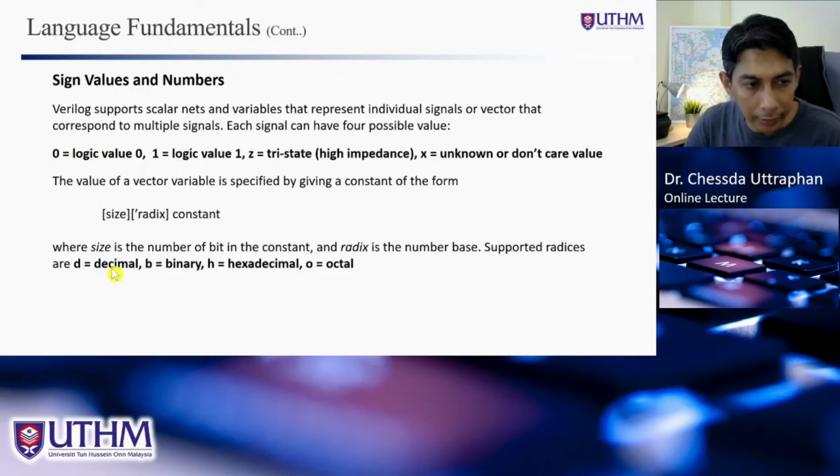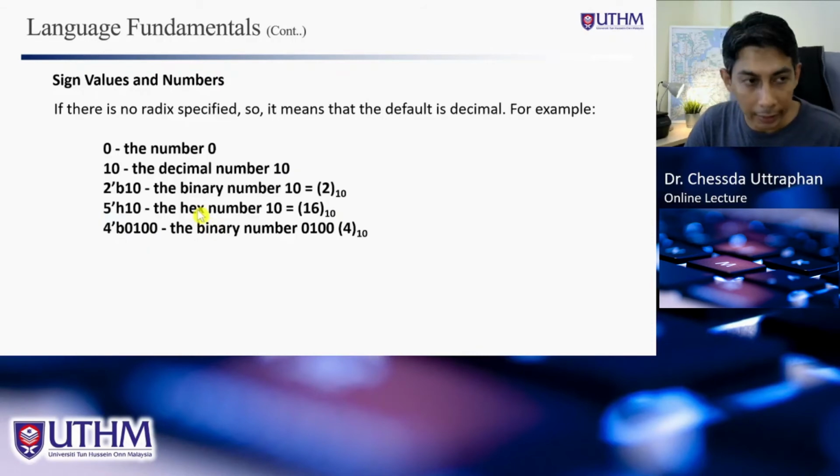So normally, if decimal, there is no need to write it this way. The compiler will understand that it is a decimal number. For example, if we write 10 in Verilog, that means this number is decimal 10. But if we write 2'b10, this is radix binary, meaning our number is 2 bits and the value is 10, which is 2 in decimal.